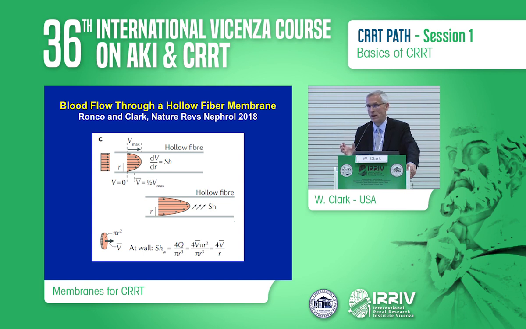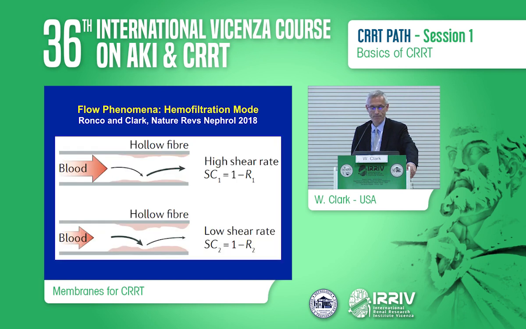So this takes into account the basic considerations of what's actually going on within the hollow fiber. And of course, velocity is directly related to blood pump speed and blood flow through the membrane, through the hollow fibers, and the radius of the hollow fiber membrane is certainly at the discretion of the prescriber of the therapy.